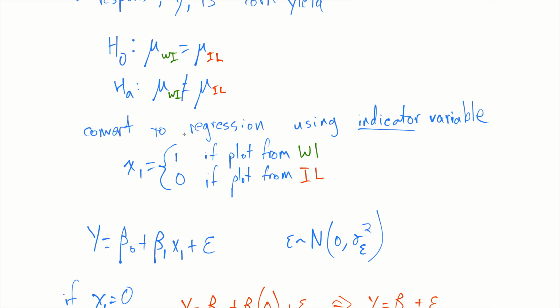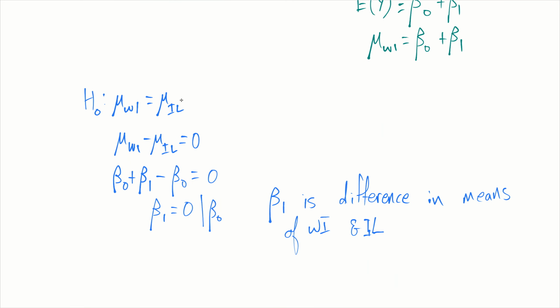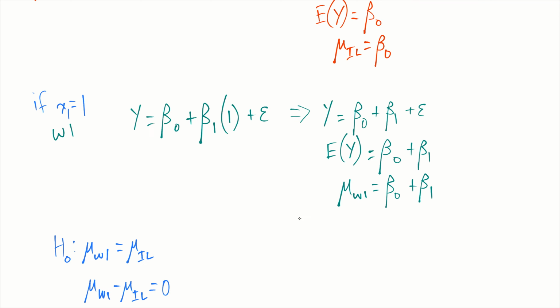We can create a dummy variable, x1, and we can re-express our hypotheses from this to this. If beta 1 is equal to 0, then there's no difference in the means. Think about it. The mean for Illinois is beta naught, and the mean for Wisconsin is beta naught plus beta 1. So if beta 1 is 0, these guys both have the same mean, beta naught.